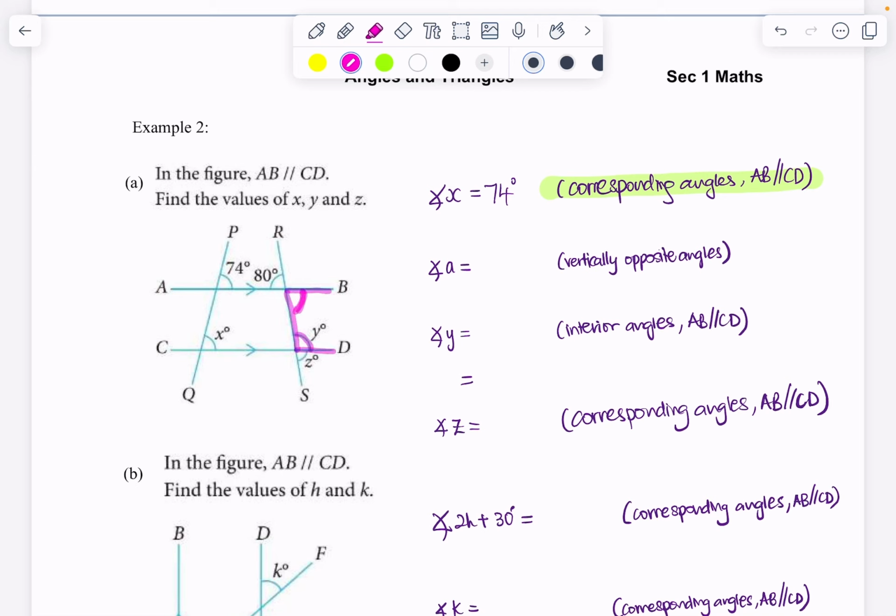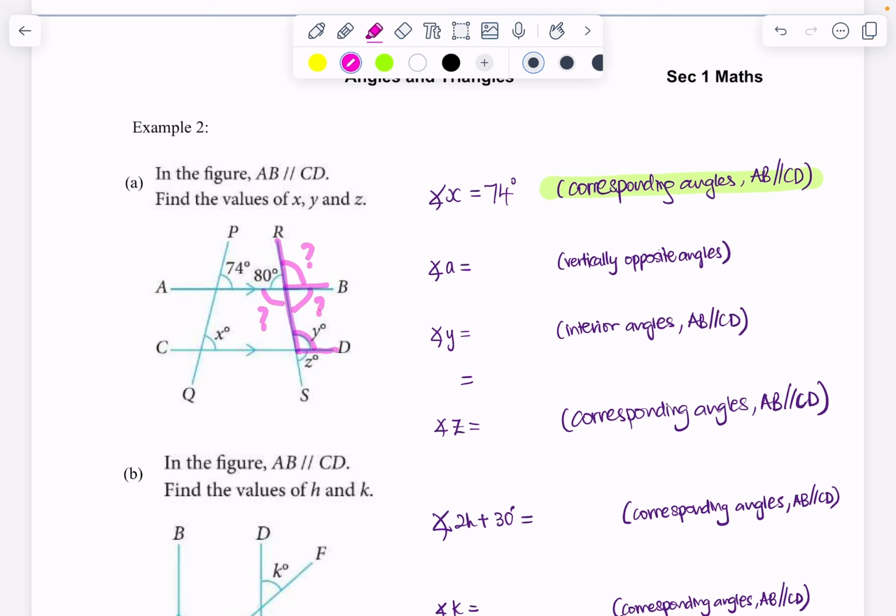If I knew this angle, I'll be able to find angle Y, since the two angles would add up to 180 degrees. Another possibility, if I knew this angle, these two angles will be the same due to corresponding angle properties. So you can see that these are some of the ways that will help us to find angle Y. However, out of these three angles, none of them are given.